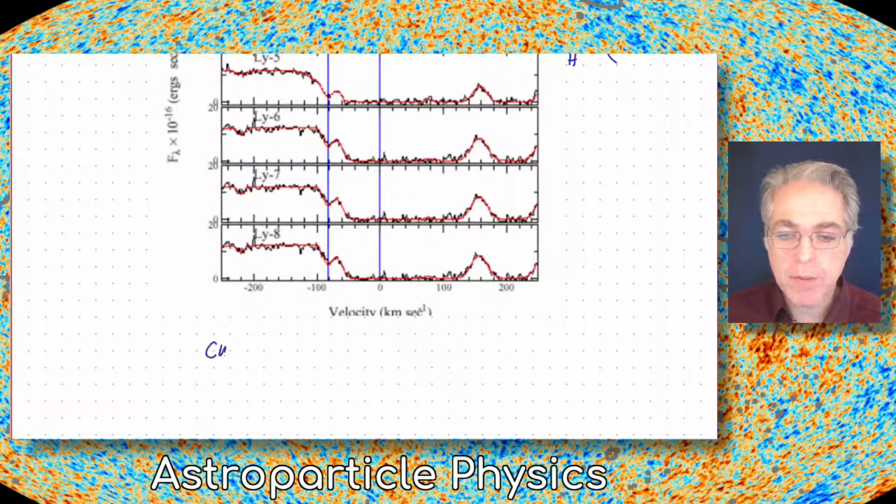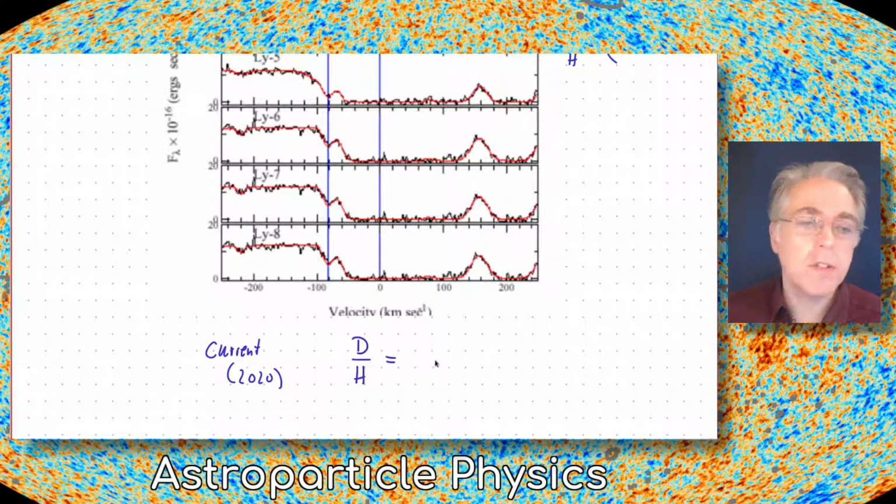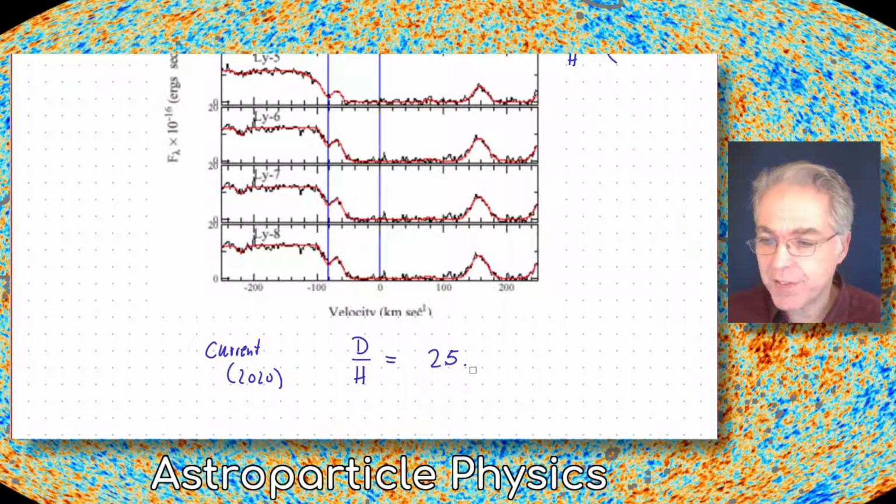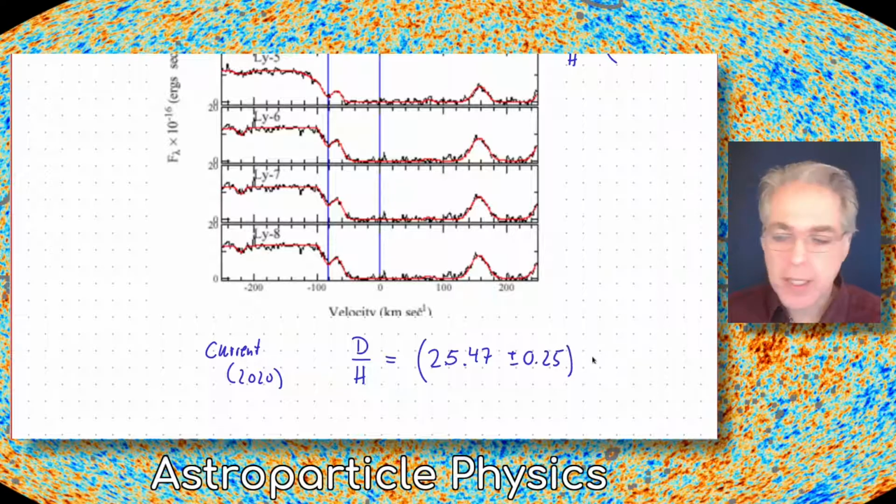Currently, if you look into, for example, an article in the Particle Data Book, which summarizes current measurements, in 2020 the deuterium to hydrogen ratio is 25.47. I just want to keep the numbers here because this is how accurate this measurement is. Plus minus 0.25 times 10 to the minus 6.